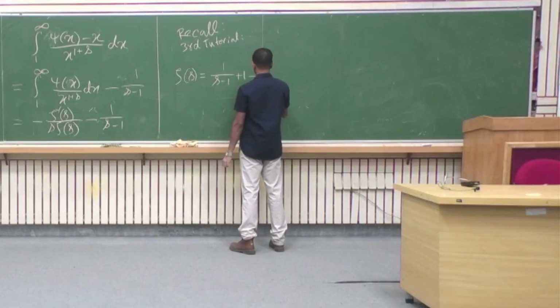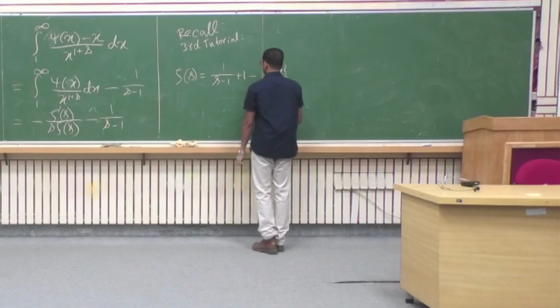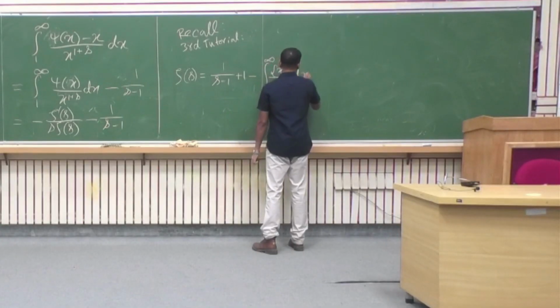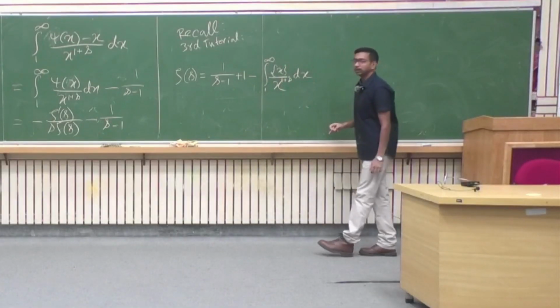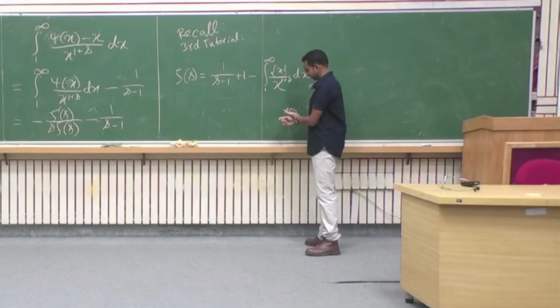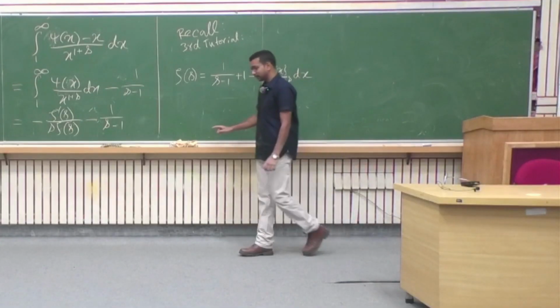So this is the integral from 1 to infinity, fractional part of x by x power 1 plus s, dx, right? And this integral converges absolutely for real part of s greater than 1.